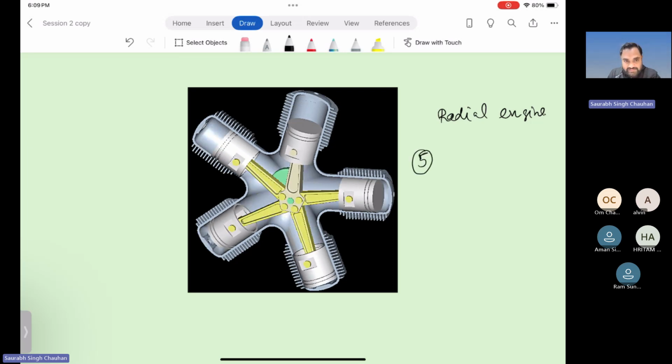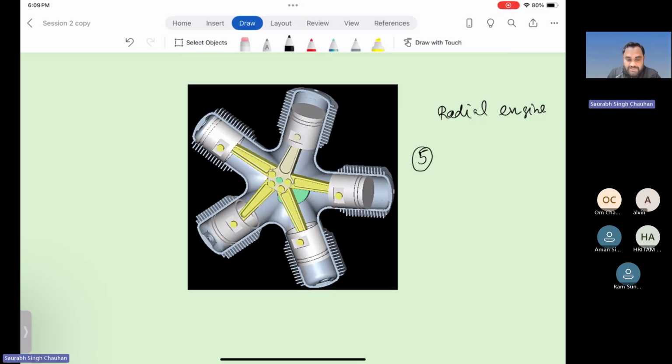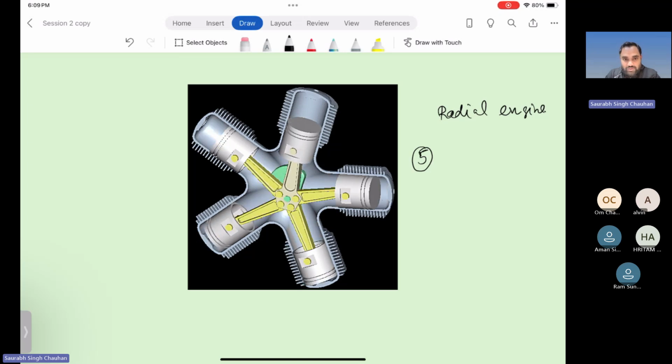And these types of engines are mostly used for aerospace purposes. Now these engines are not that much used, but in olden days, for example, during the World War era, these engines were very popular.